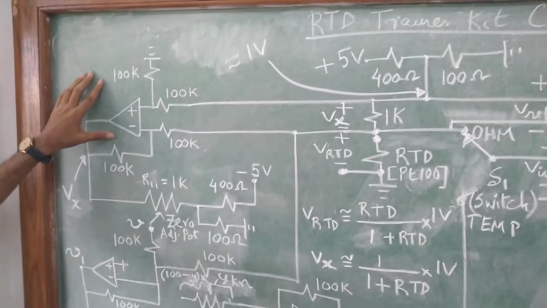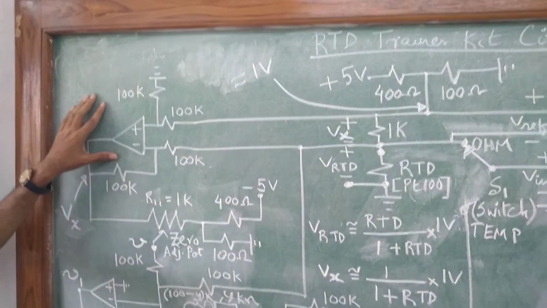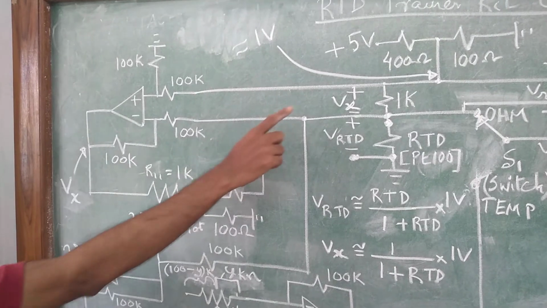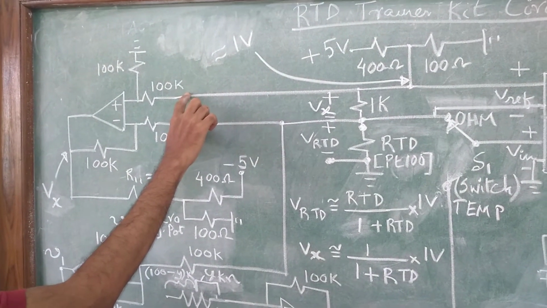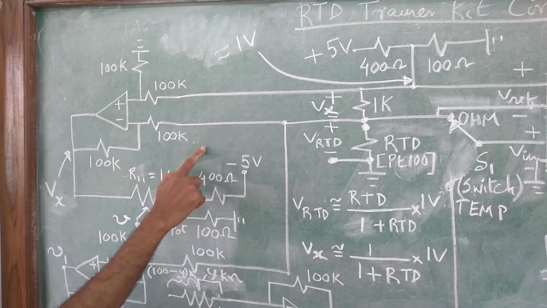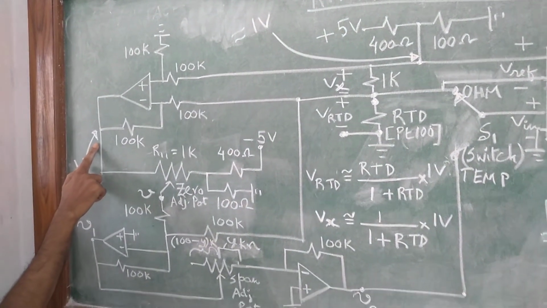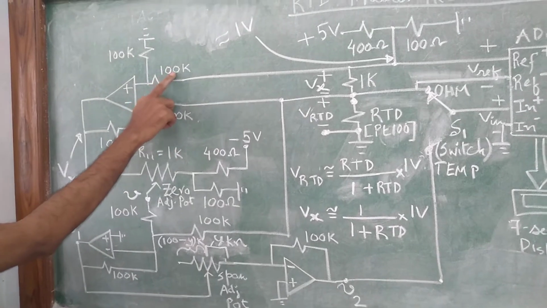Coming over to the difference amplifier, we find that this is the input voltage across the difference amplifier. So the output of this amplifier will be equal to Vx because all these resistances are the same.